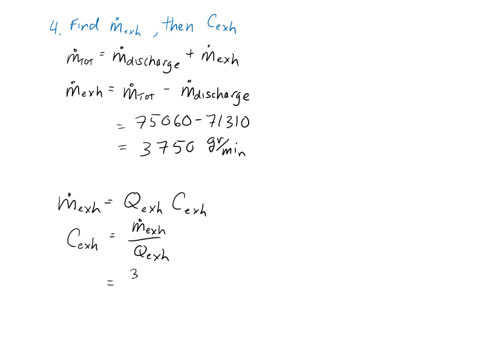And so now I can take the 3,750 grains per minute. Remember, we're at standard conditions, and divide by the total flow rate. So the cyclone, the flow all goes through it and comes out as the exhaust. None of it's diverted anywhere. So we take the total flow rate, which was 5,912 cubic feet per minute.